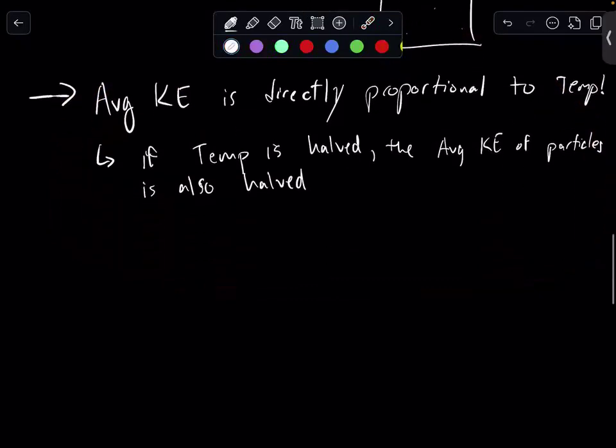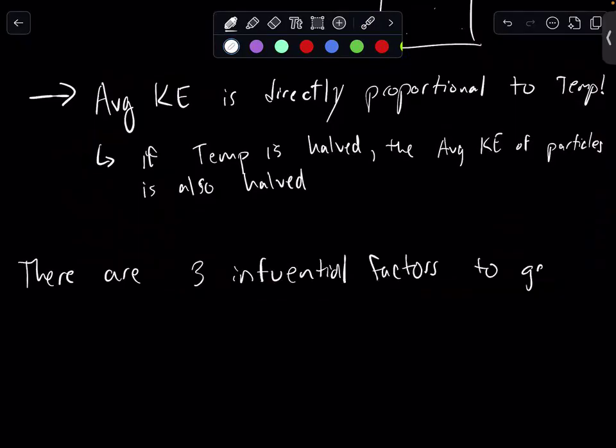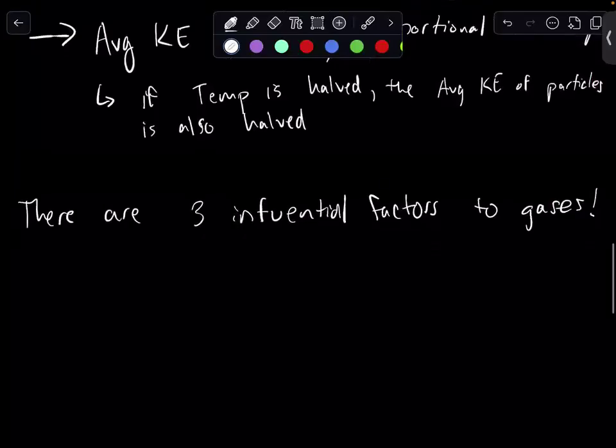All right. With that said, there are three influential factors to gases, and you should know this from our previous section when we discussed Avogadro's law of combining volumes.